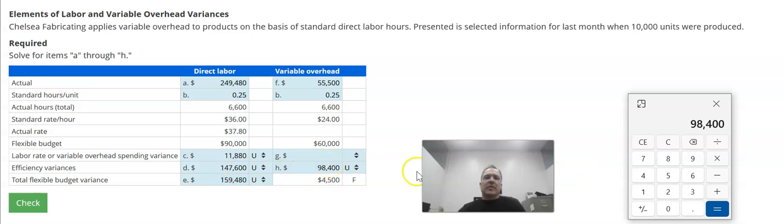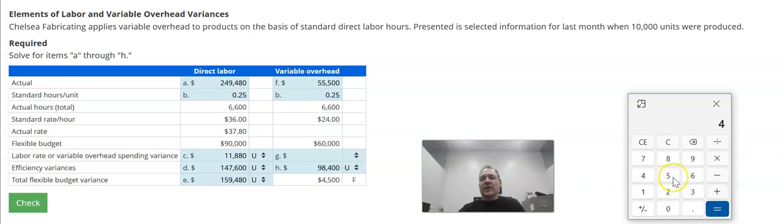But notice that our total budget variance coming back here is 4,500 favorable. So without doing any math whatsoever in this particular question, we can simply add these two figures together. That must be what it is, because we only have one unfavorable variance, but overall we have a $4,500 favorable variance.